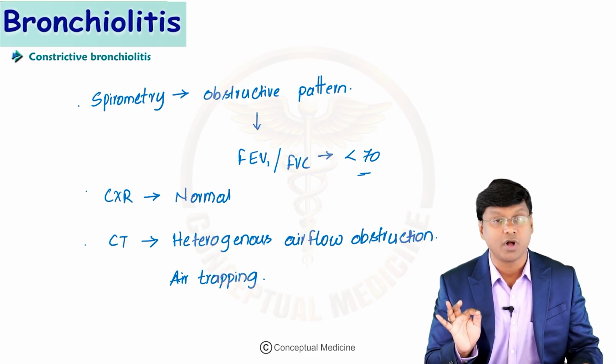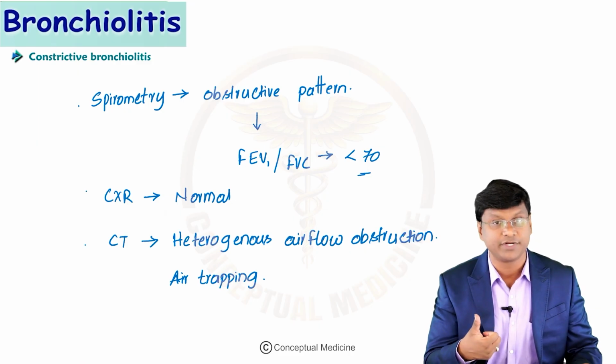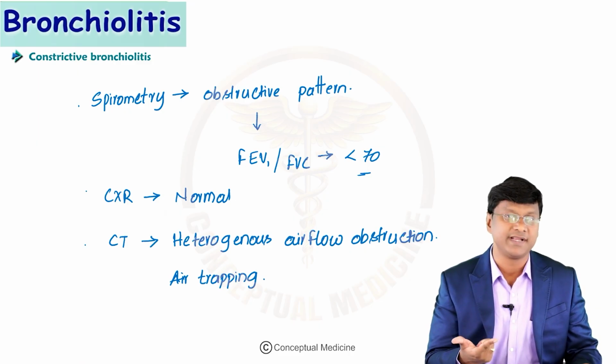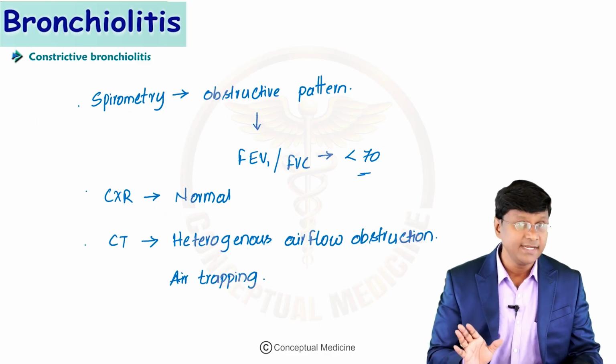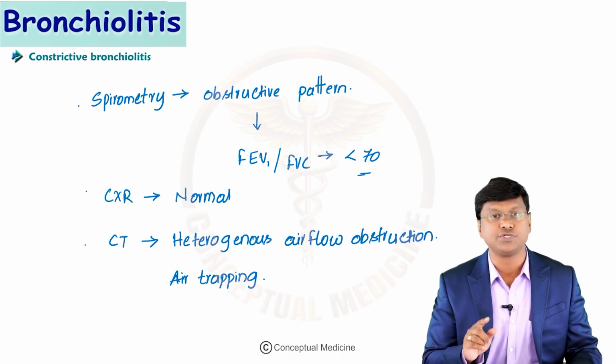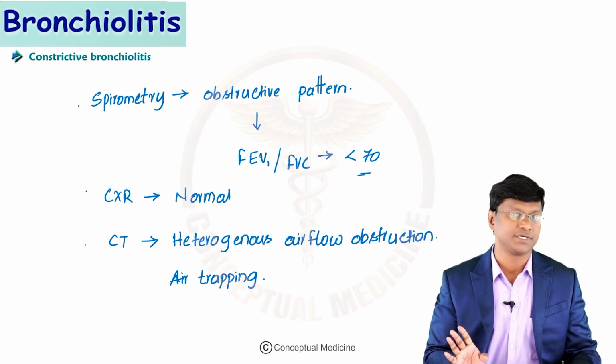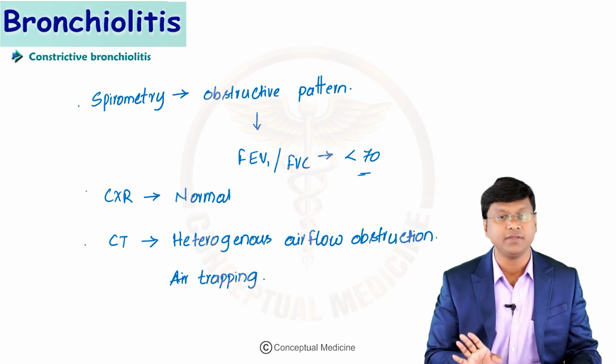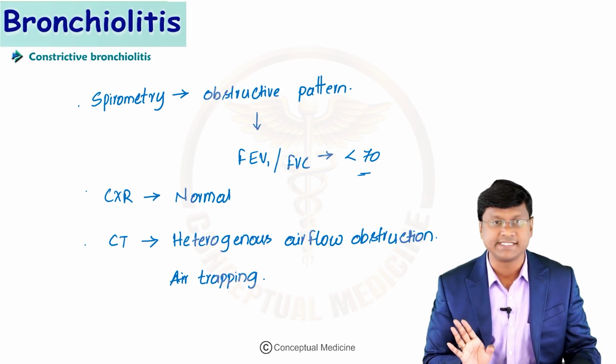It is commonly seen in patients with rheumatoid arthritis or organ transplantation like heart-lung transplantation or bone marrow transplantation. Spirometry will show the obstructive pattern. Chest X-ray appears normal, but the CT scan will show heterogeneous airflow obstruction, and air trapping will be seen on the chest CT.